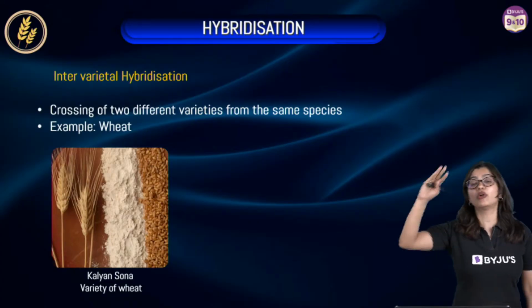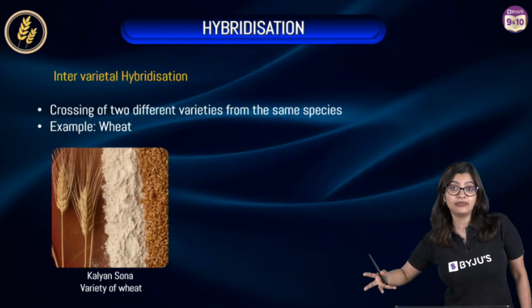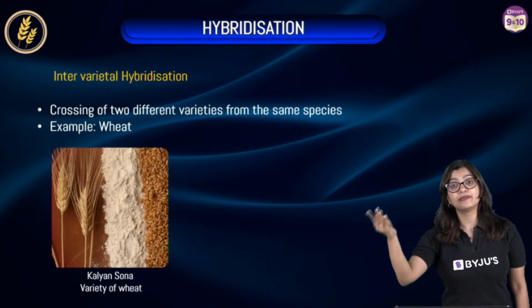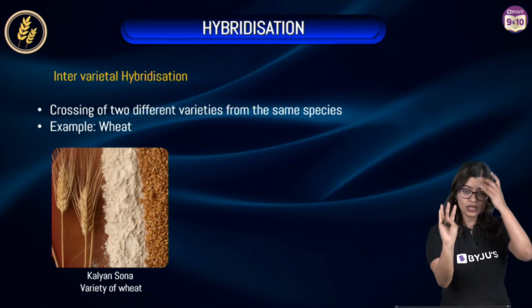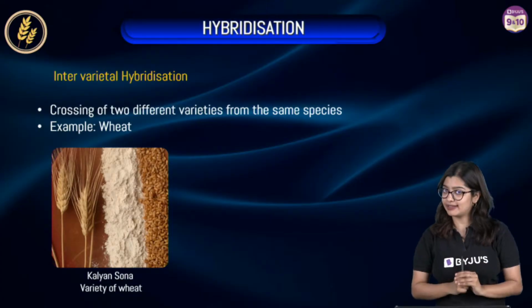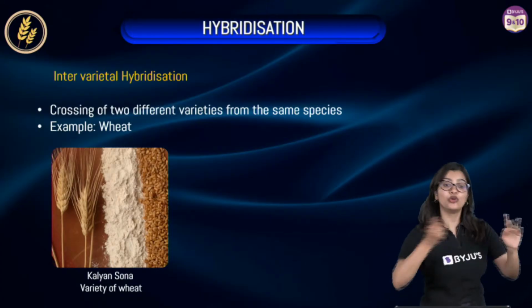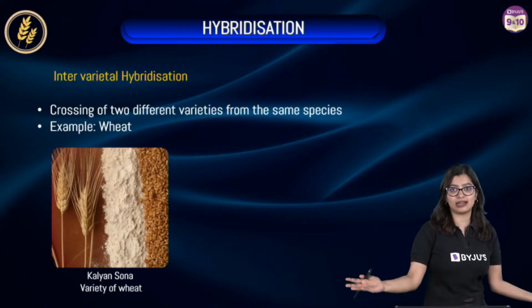I can do it only at certain levels. I can do intervarietal, interspecific, or intergeneric. These are our three levels, the three ways in which I can achieve it. But it does not mean that I take a pine tree and an apple tree and cross them. No, not that way. Many of you are saying, ma'am, I'll take corn and pea and cross them and get a new plant.